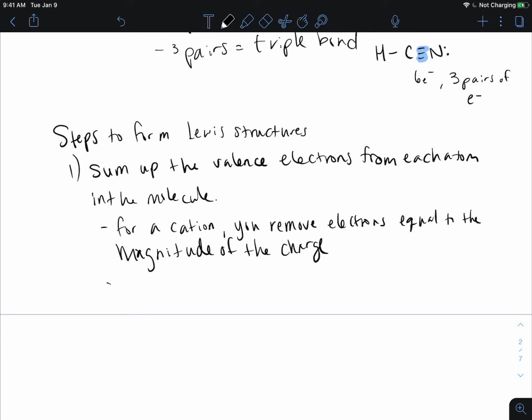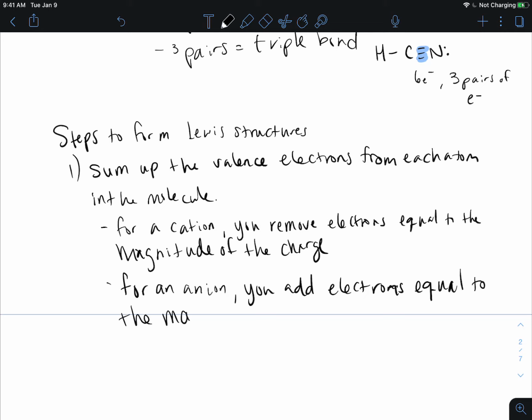And then if you have a molecular anion, you add electrons equal to the magnitude of the charge. So if you have a molecular ion that's 3 minus, then you add 3 electrons to your sum or your pot of electrons, whatever you want to call it.